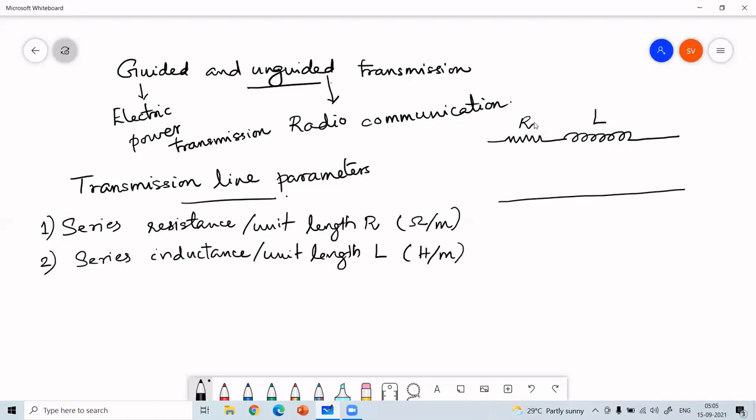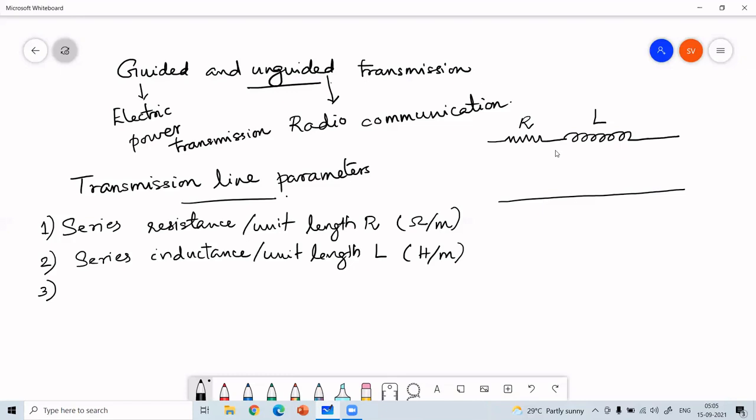Now here in this transmission line, there are two conductors which are separated by an insulating or dielectric medium in between them. Two conductors separated by a dielectric medium will give you a capacitance.